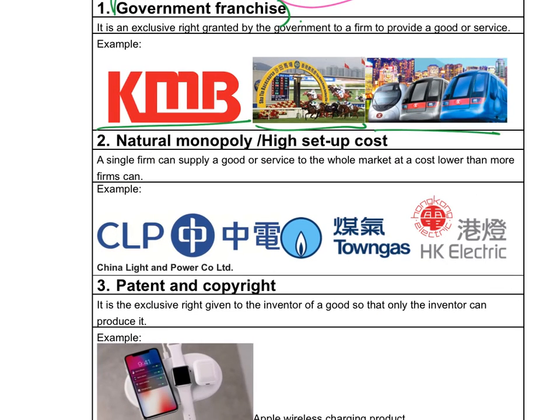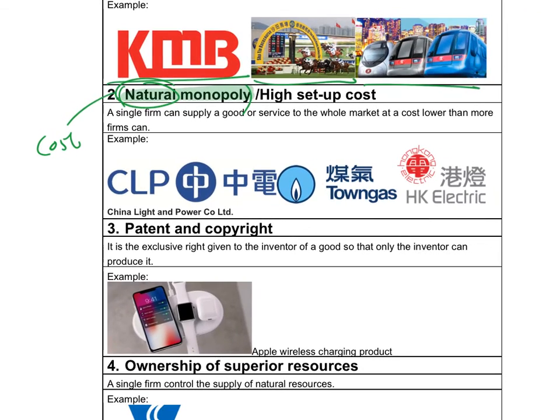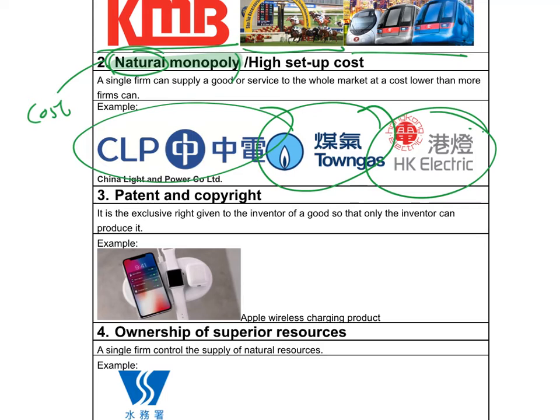And the second one is what we call natural monopoly, and that's a very important term. Try to memorize it. But why is it natural? The natural comes from the cost. Some businesses are not easy to set up. They involve huge costs. For example, for electricity, we only have CLP and Hong Kong Electric. For town gas, the gas supply, there's only Towngas.